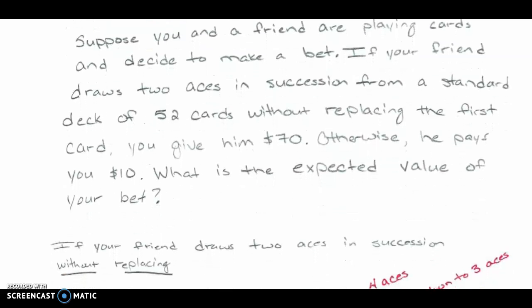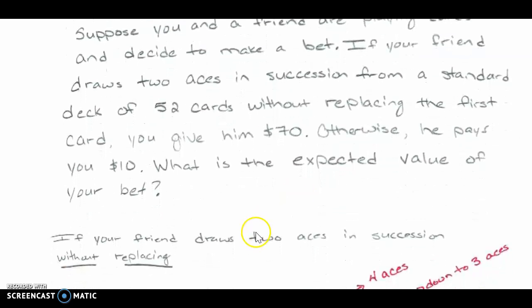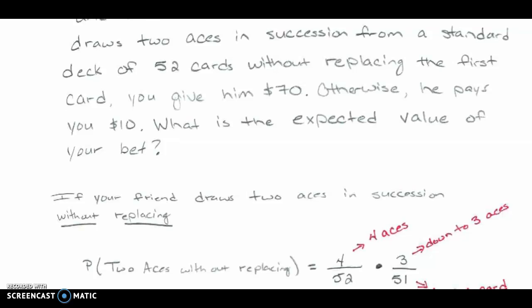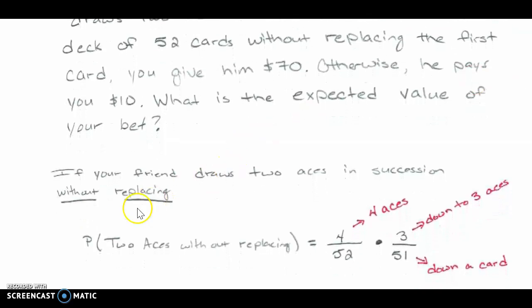So to start off with, if your friend draws 2 aces in succession, back to back, without replacement, let's see what the probability of that would look like. And that is as follows. 2 aces without replacement. For the first one, he has 4 chances to get an ace out of 52 cards. But for the next one, he's down to 3 aces because he may have drawn one from the beginning, and he's down to 51 cards because he did not replace that card.